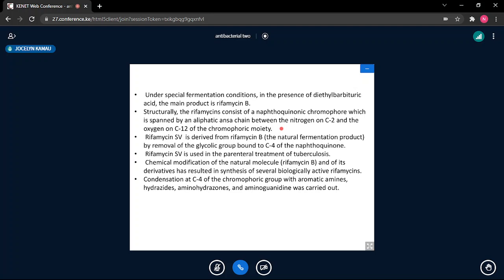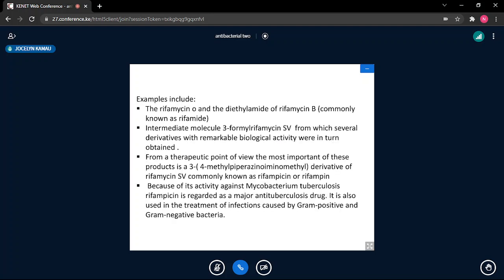Sometimes what you do is random screening, whereby you are just adding different groups because you do not know which group will bring good activity. They kept adding different groups, changing those groups until they got good groups found in rifampicin, with very high antituberculous activity.